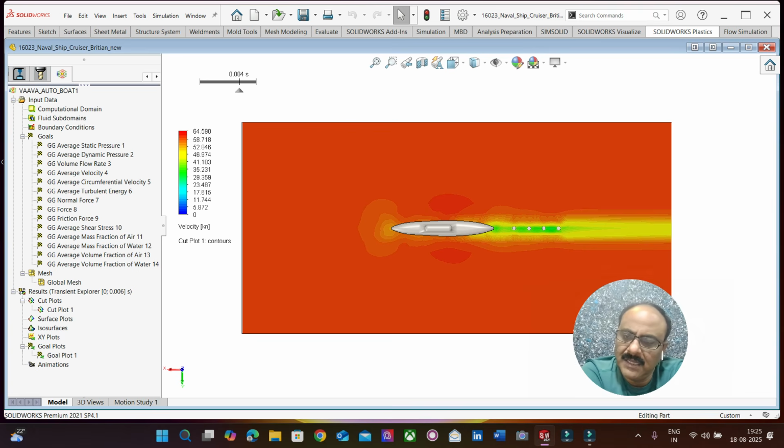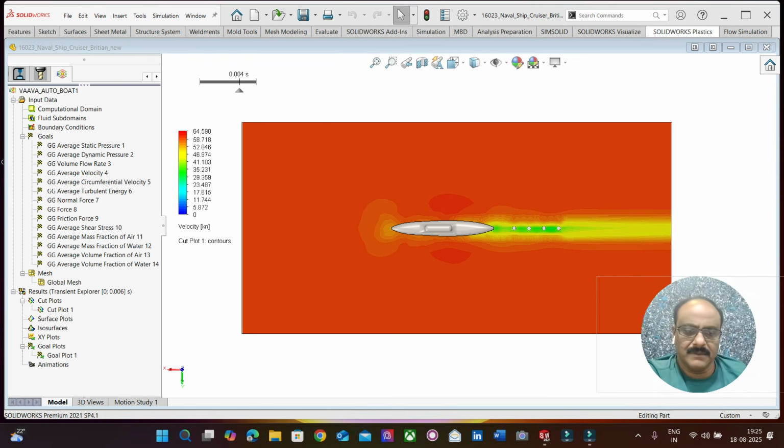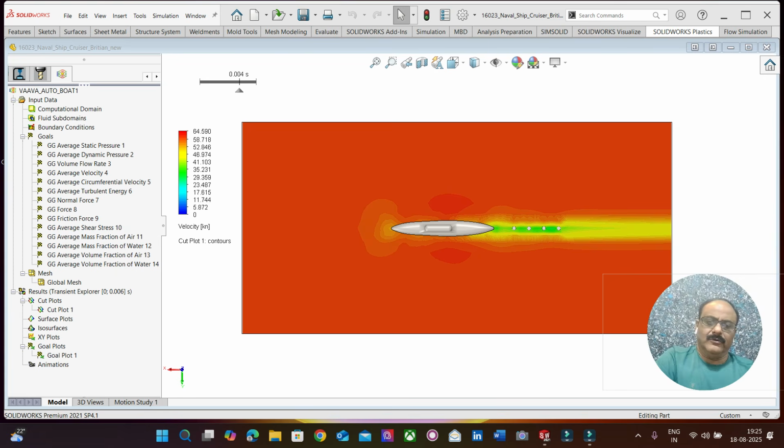So similarly, these floating structures make use of the principles of buoyancy, and based on buoyancy, the ship floats, the sail moves.